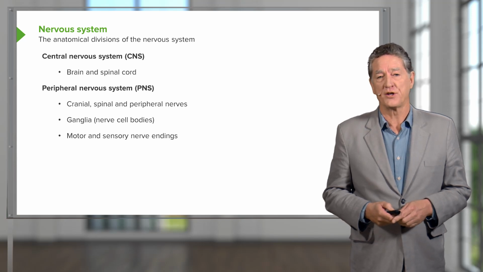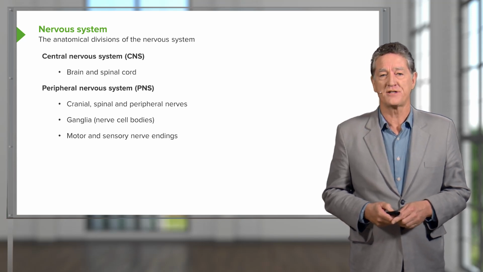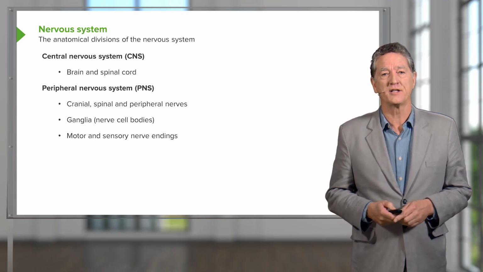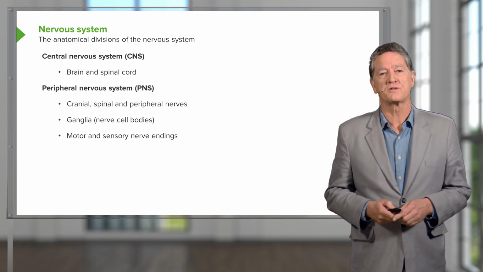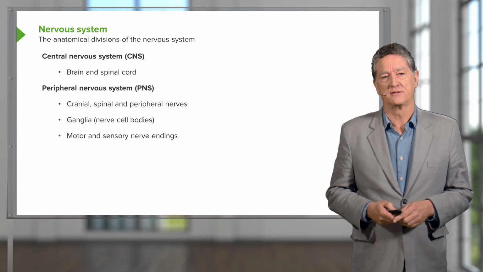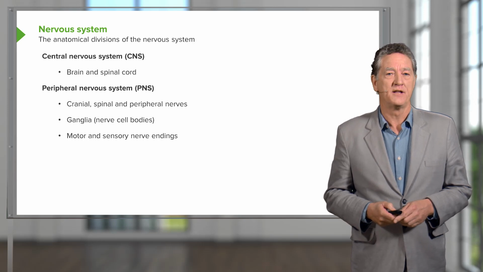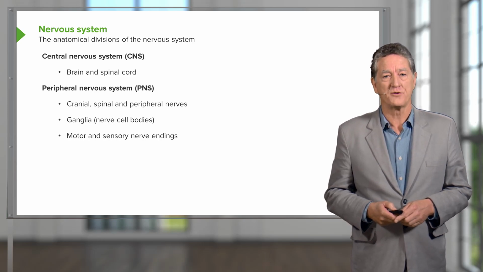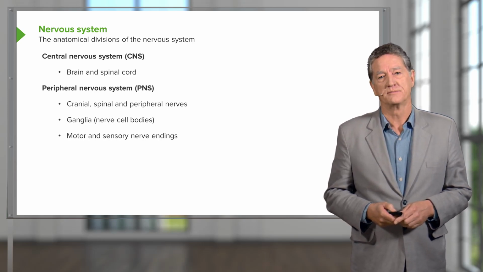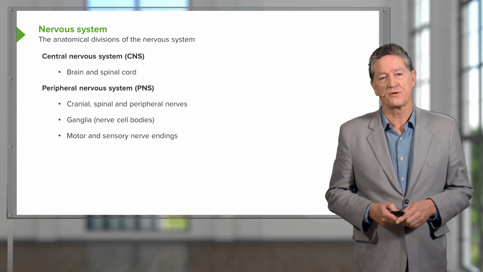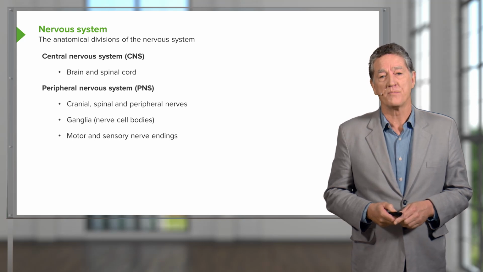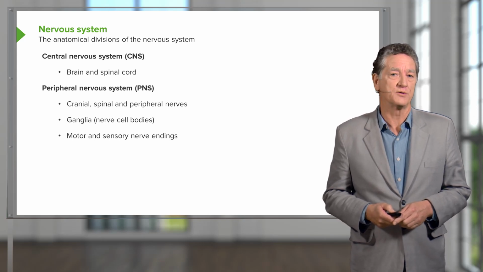As well as having nerves and having locations for cell bodies in ganglia in the peripheral nervous system, of course, we also have the nerve endings, the motor end plates that transmit the nerve impulse onto skeletal muscles or smooth muscles through the motor end plates of skeletal muscles, or the myoneural junctions, they're often called.